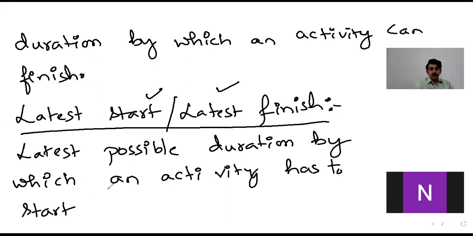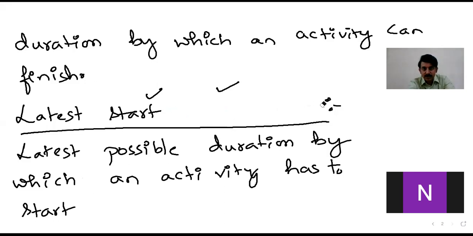Otherwise, just one small correction here. We'll write latest finish separately, otherwise some of them may get confused. Latest start: latest possible duration by which an activity has to start. Okay.